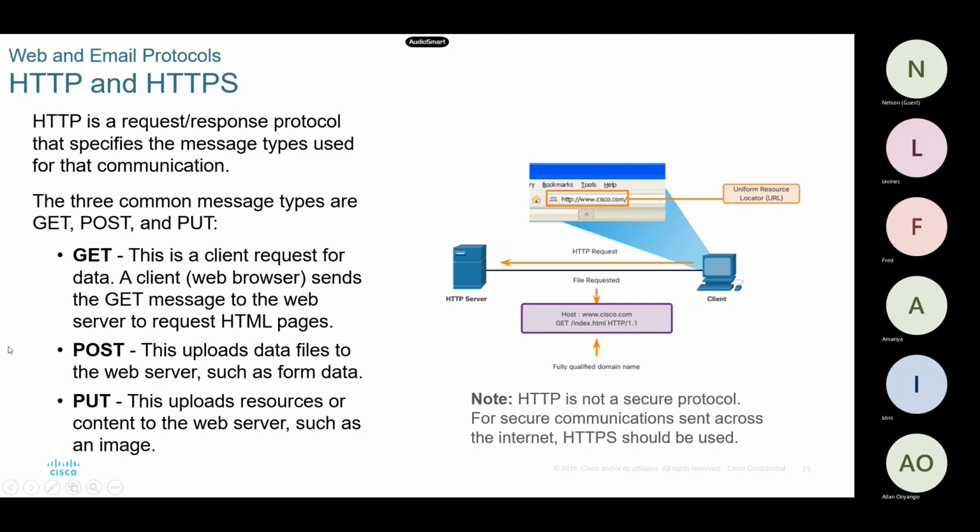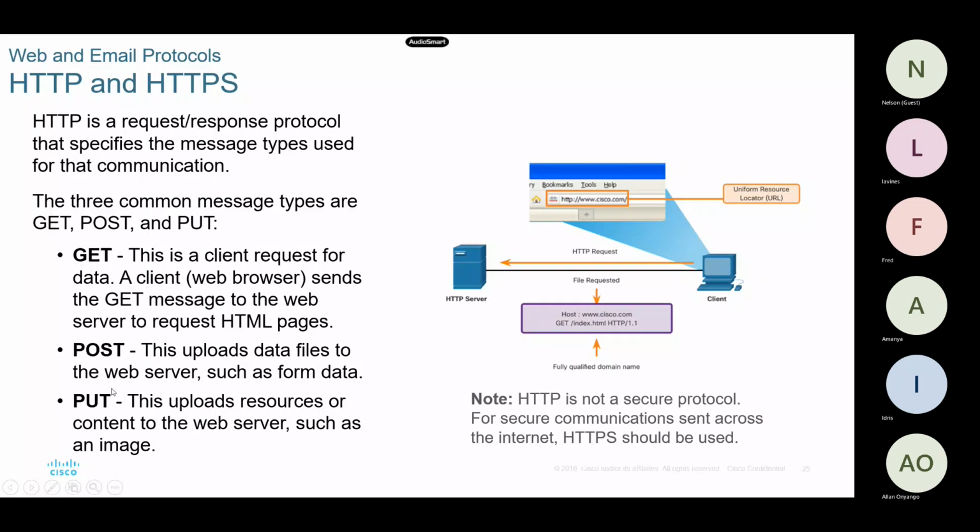The three major types of messages are, first, GET, which is used by a device to request information from the web server. So the web browser sends a GET message to the web server to get some web pages or HTML pages. Now, to upload data files, like data in table format, or to write some paragraphs of words or stories within the website, we use the POST command.